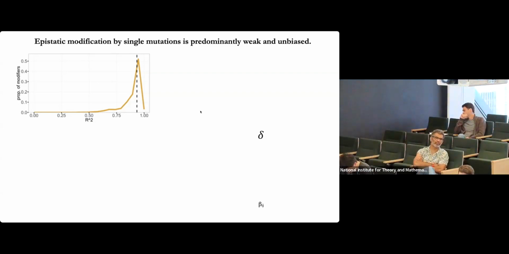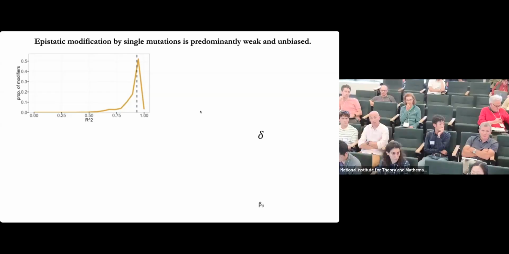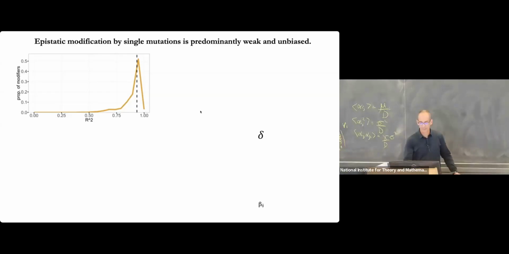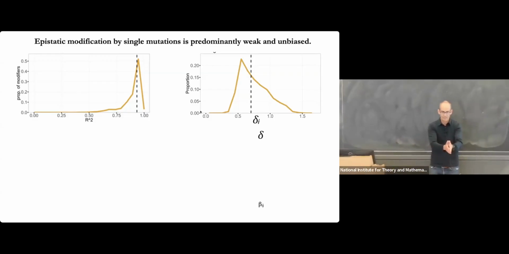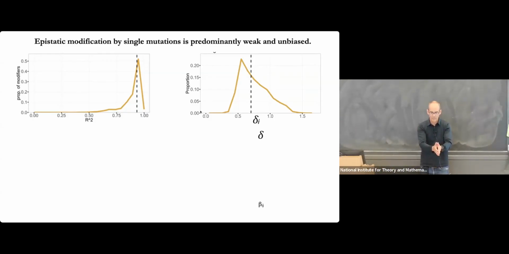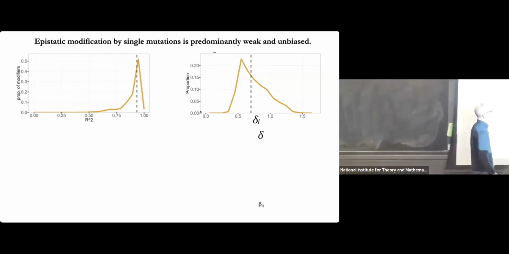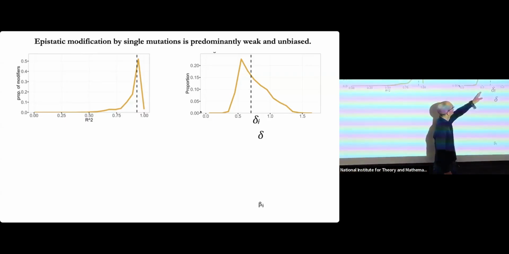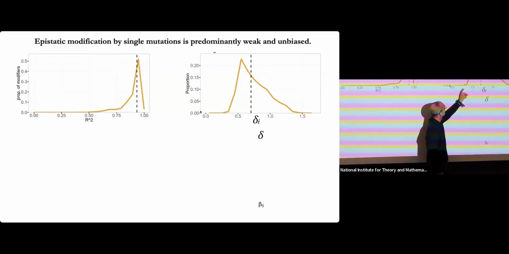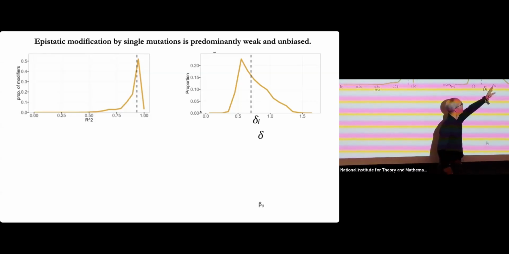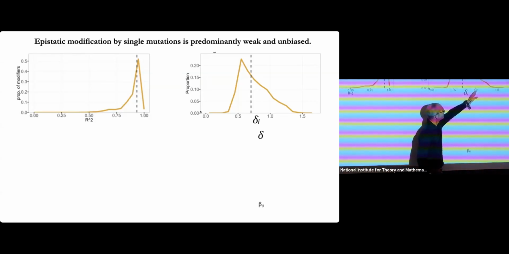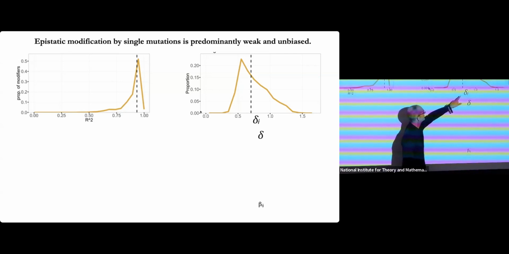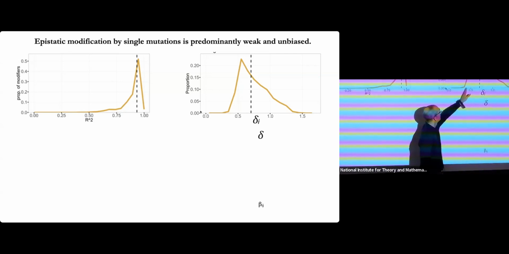I guess I would take a lot of convincing as to why R squared was a good measure. Well, maybe you'll like the sigma better. So the sigma is the standard deviation of the epistatic effects. And you can see that there are a small number with a relatively high standard deviation, but most of them are small.